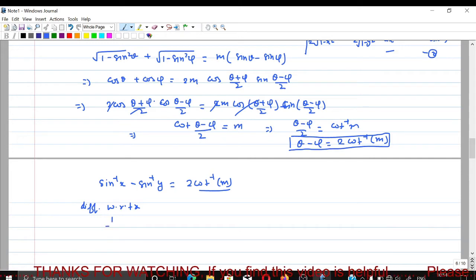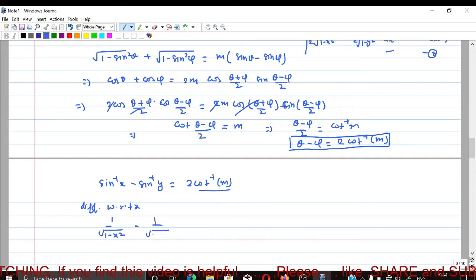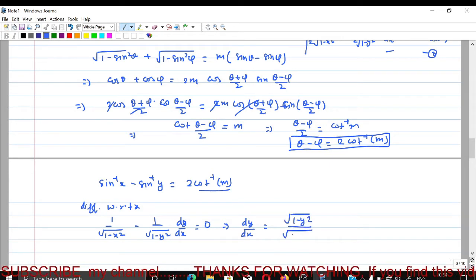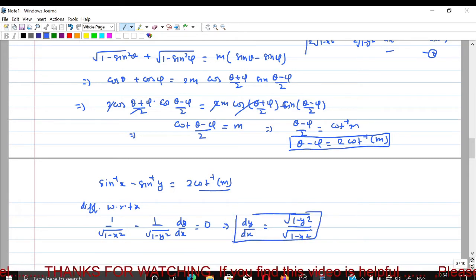What we will get: 1 upon root(1 minus x square) minus 1 upon root(1 minus y square) dy by dx equal to 0. So from here dy by dx equal to root(1 minus y square) upon root(1 minus x square). So finally we get the differential equation, and we are able to eliminate the arbitrary constant m.